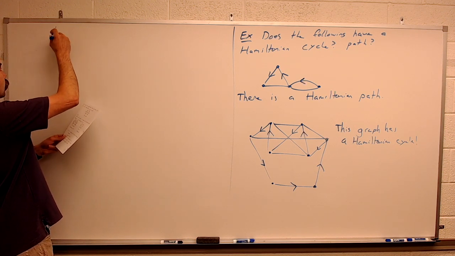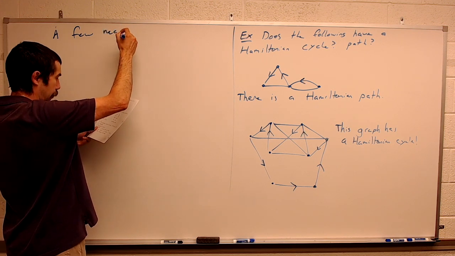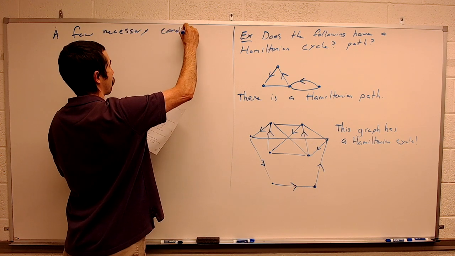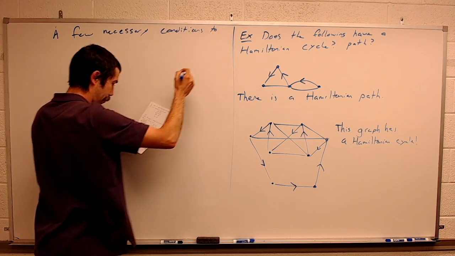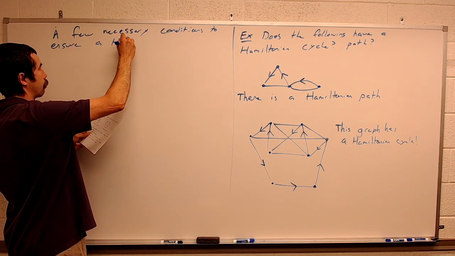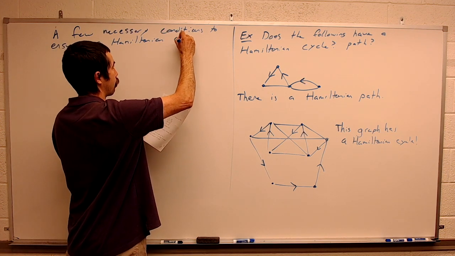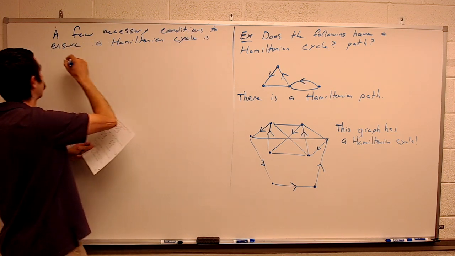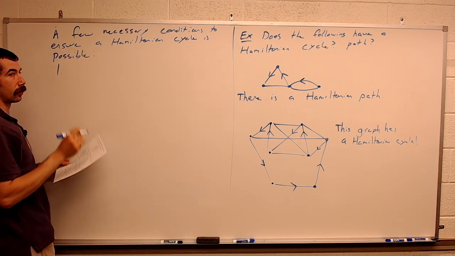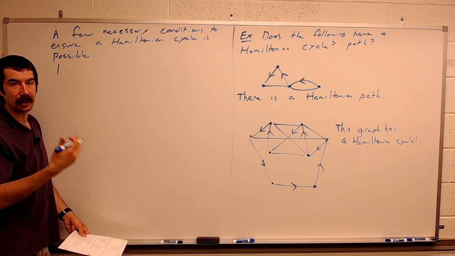All right, so these are a few necessary conditions. Basically, if any of them fail, then we automatically know that there's no Hamiltonian cycle.